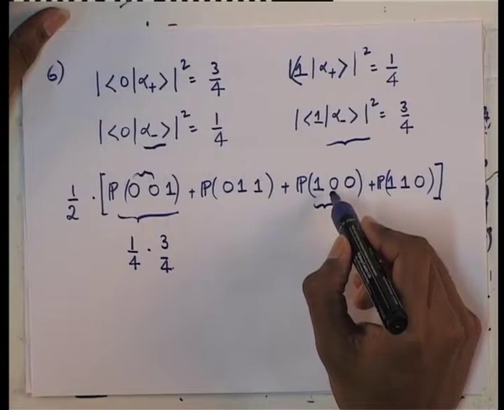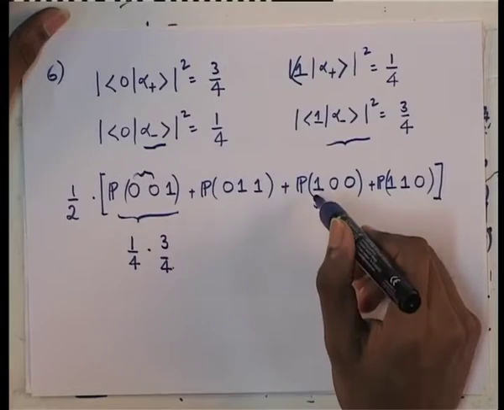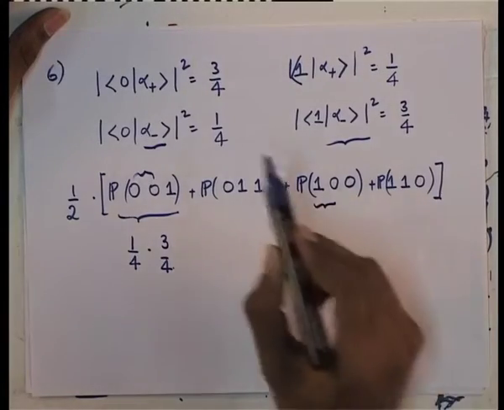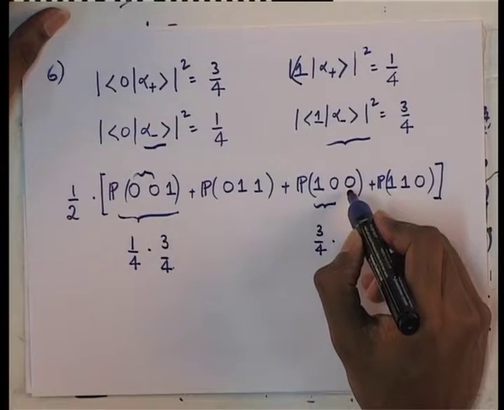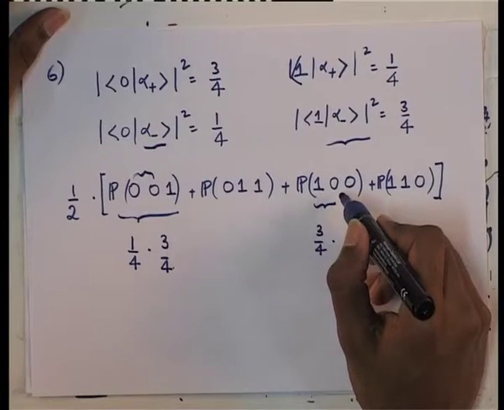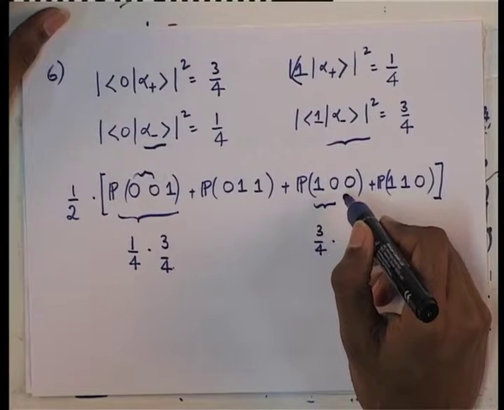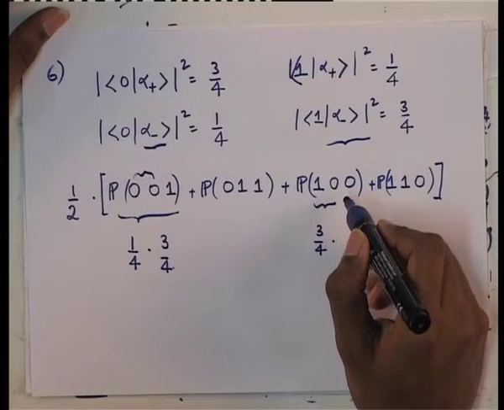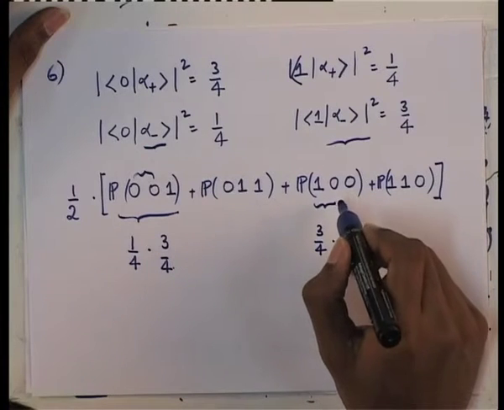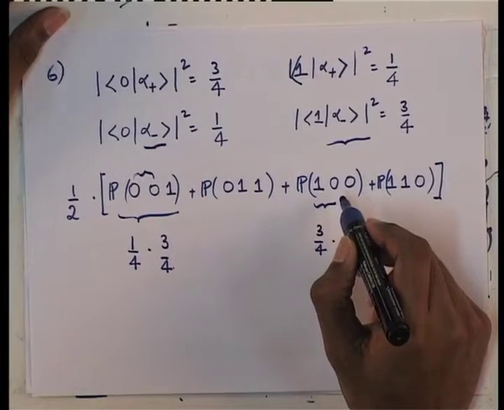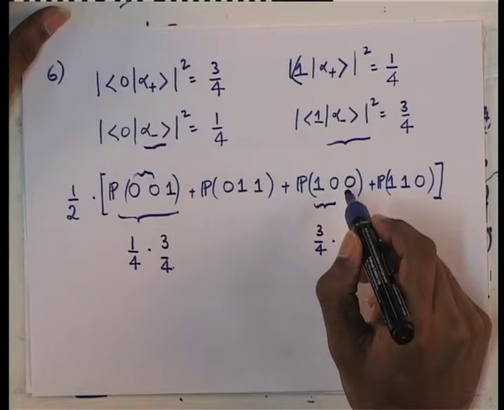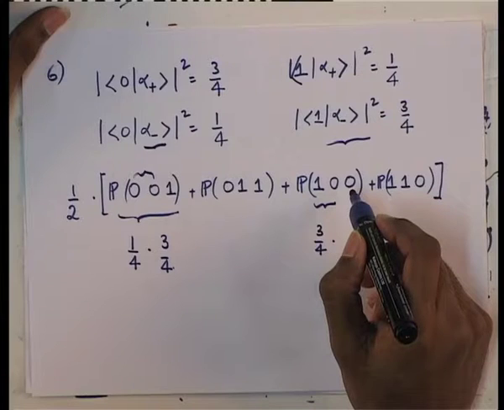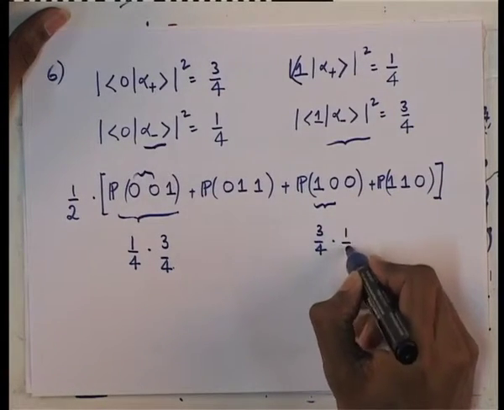Measuring a 0 in alpha plus basis when 1 is sent is 3 by 4, and Bob measures 0 is 1 by 4.